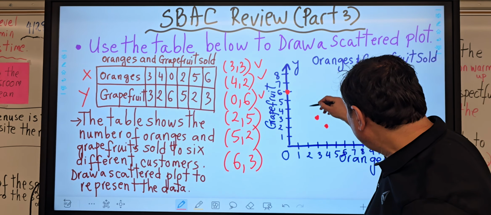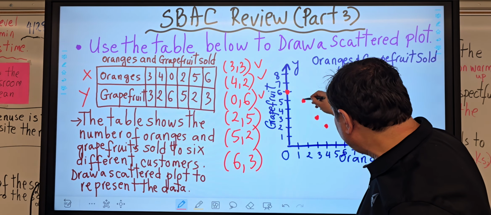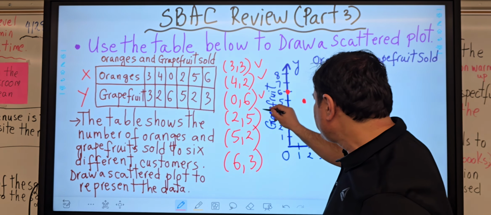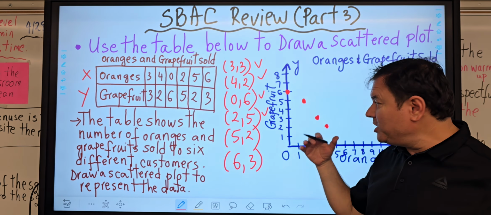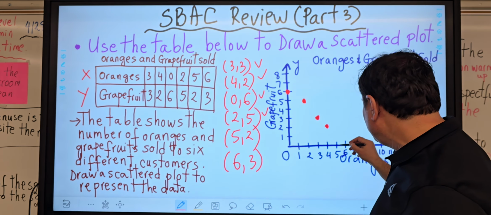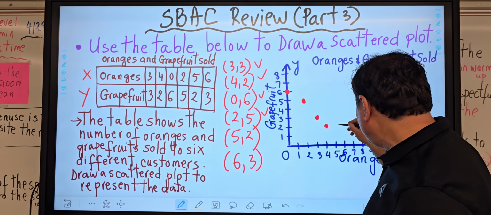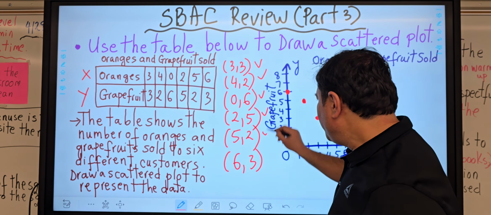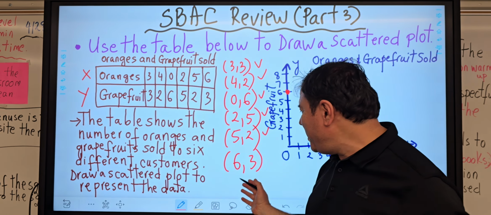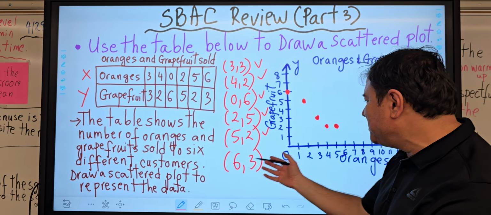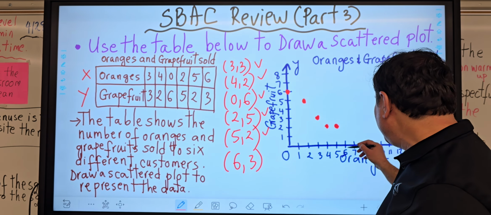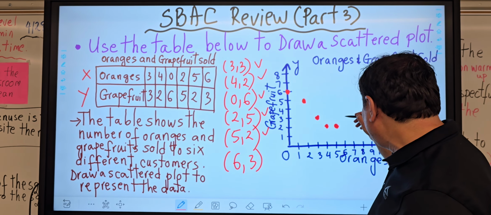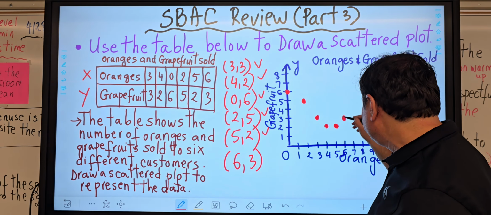X is 2, and then y is 5, somewhere right there. And then we have x is 5, y is 2, right here. And finally we have x is 6, y is 3, right there.